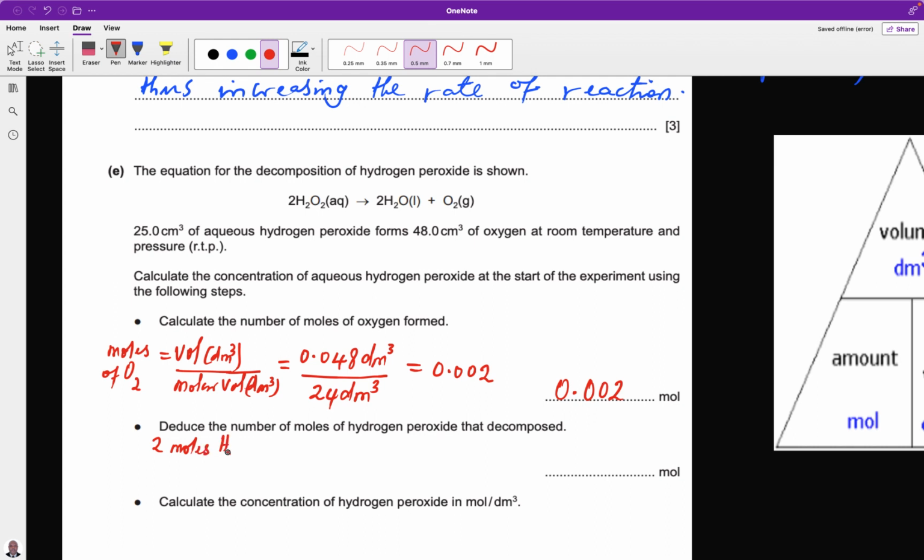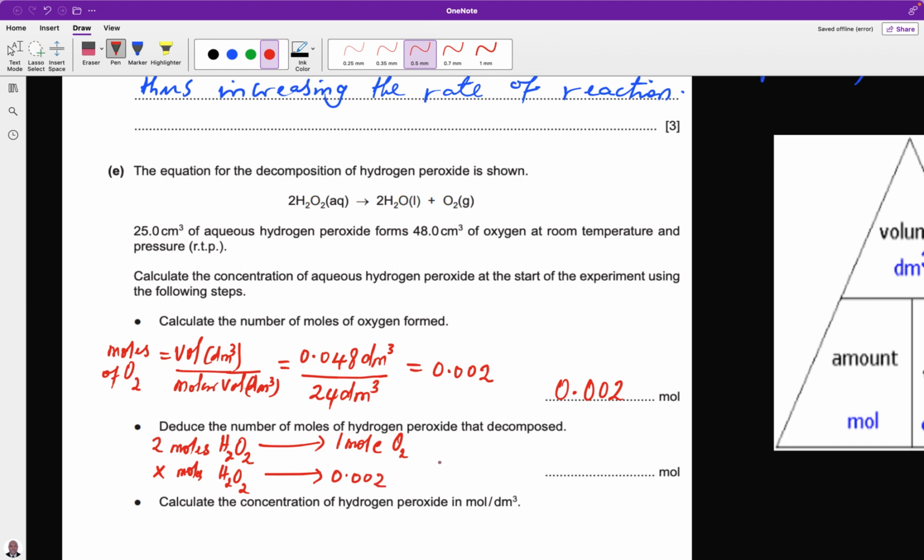Then X moles of hydrogen peroxide will give the number of moles of oxygen, which is 0.002.